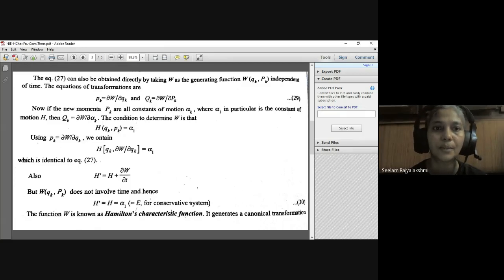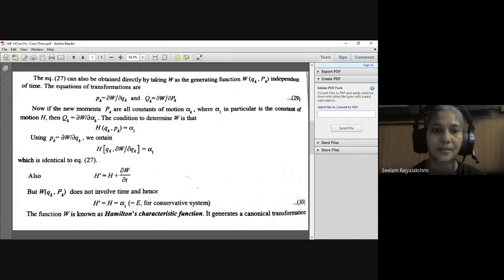Now, if the new momenta are all constants of motion alpha k, where alpha 1 in particular is the constant of motion H, then qk equals dou omega by dou alpha k. The condition to determine omega is that H of qk, pk equals alpha 1. By using pk equals dou omega by dou qk, we obtain H of qk, dou omega by dou qk, equals alpha 1, which is identical to equation number 27.